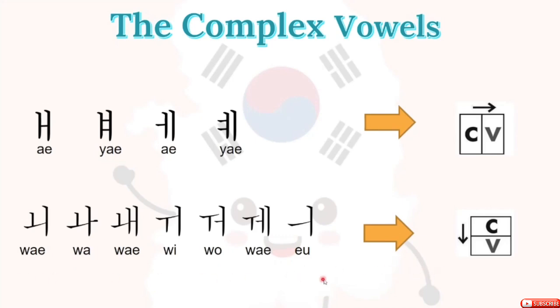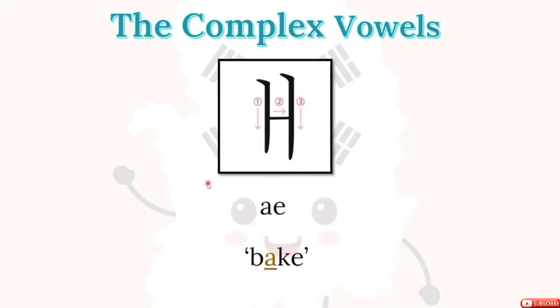And this set of groups is the consonant on top and the vowels on bottom. Okay, so we will go one by one. The first one sounds like the English word bake, the ache, and this one has a little bit longer sound.